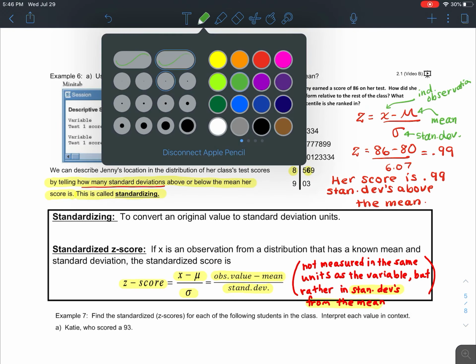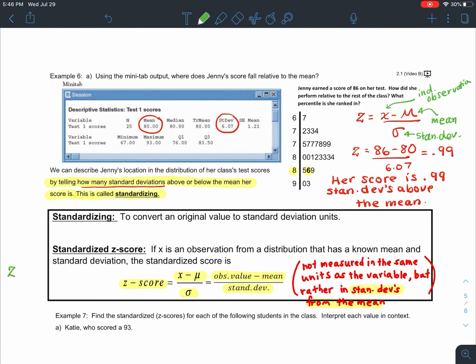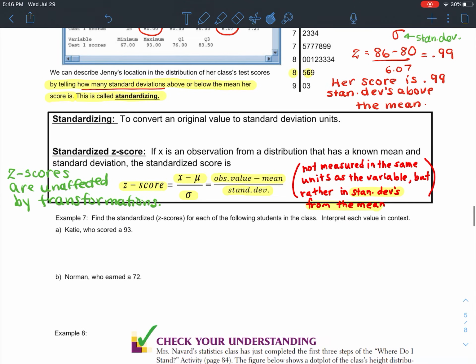Okay, one other thing just worth mentioning is that when you talk about transforming, adding, subtracting, multiplying, dividing an entire data set, z-scores are unaffected by transformations, okay? So adding, subtracting, multiplying, and dividing an entire data set won't affect the z-score.